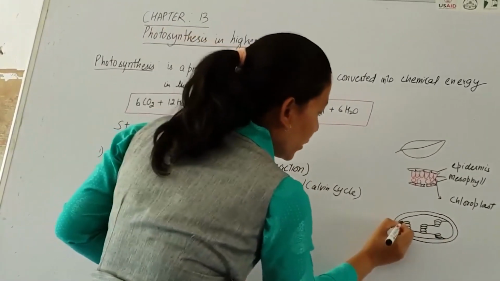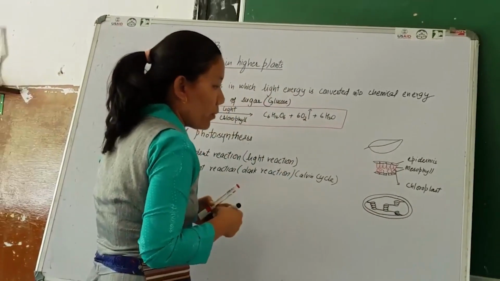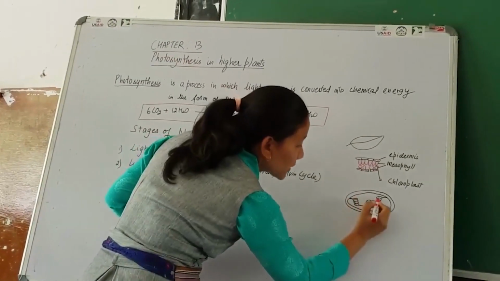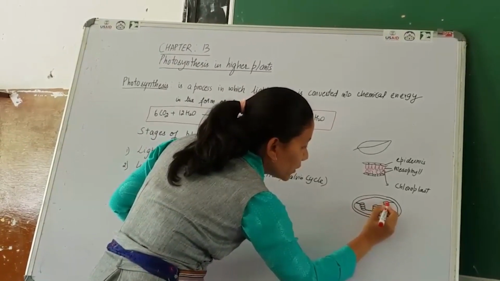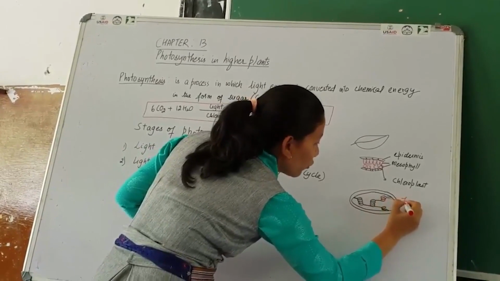This granum is made up of a stack of this shape structure. Here you can see this stack of this shape, we call it thylakoid.